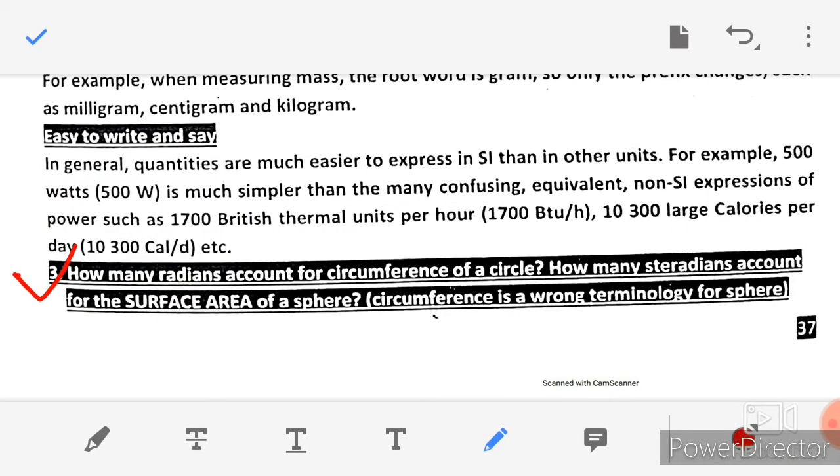Question number 3 is included in the reduced syllabus. How many radians account for the circumference of a circle? How many steradians account for the surface area of a sphere?